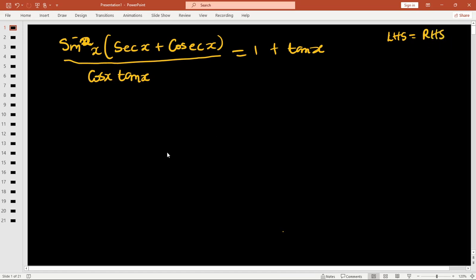So now we're going to identify the identities that we have on the left hand side there. So you notice that sec x is an identity here, cosec x is an identity, and tan x is an identity as well. So I can just substitute with those.